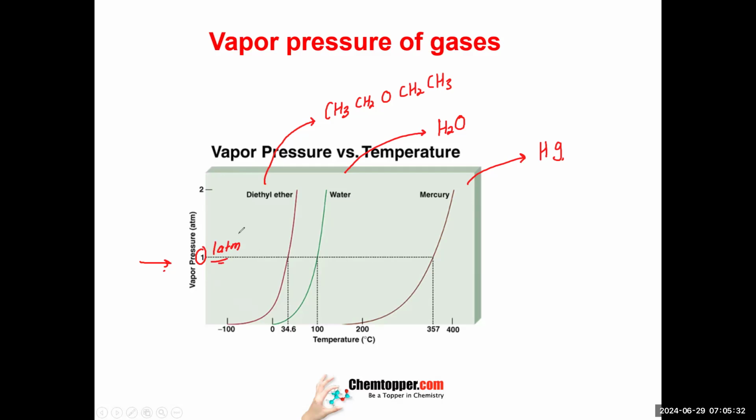This is the pressure around us. The atmospheric pressure is 1 atm around us. So which liquid has the lowest vapor pressure at this, which liquid has this pressure at the lowest temperature?